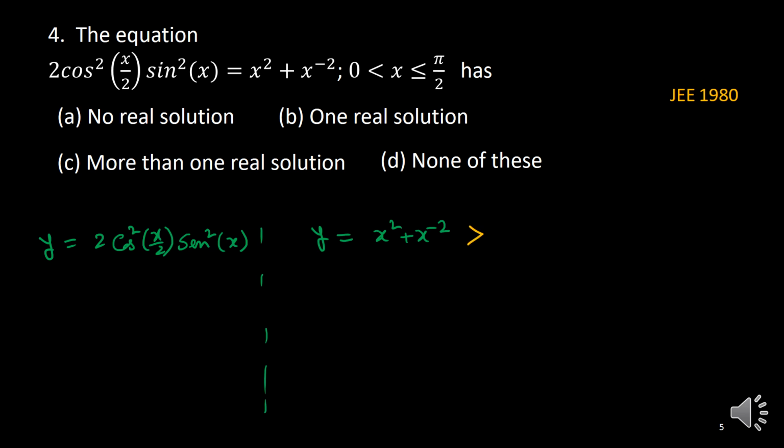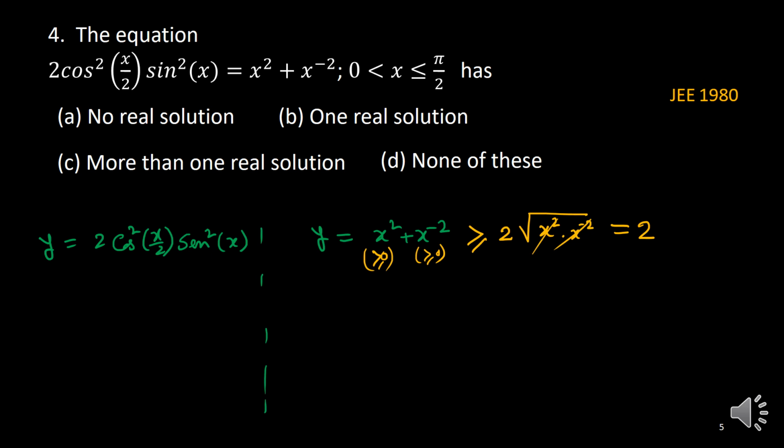This is always greater than or equal to 2 times the square root of x square into x to the power minus 2, because it's a square. For any value of x, this is positive or equal to 0, and this is also positive or equal to 0. Obviously at x equal to 0 it will become infinite, which we are not considering. This will cancel out, so it is 2 only.